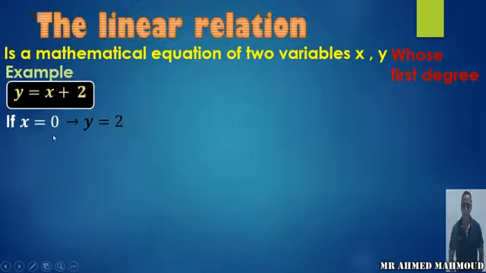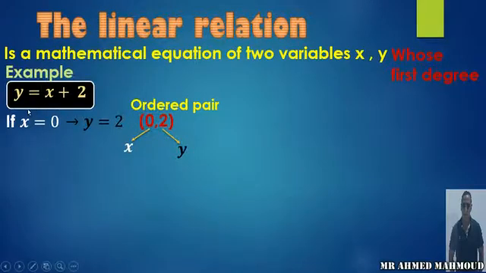Now we can represent the results 0 and 2 inside a bracket like this: (0, 2). This bracket is called an ordered pair. This ordered pair is formed from two numbers. The first number is x, and the second number is y.